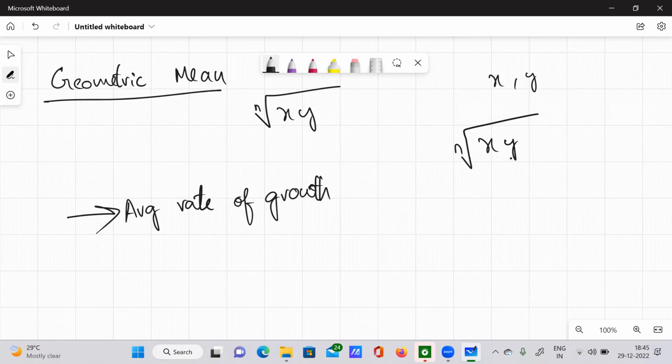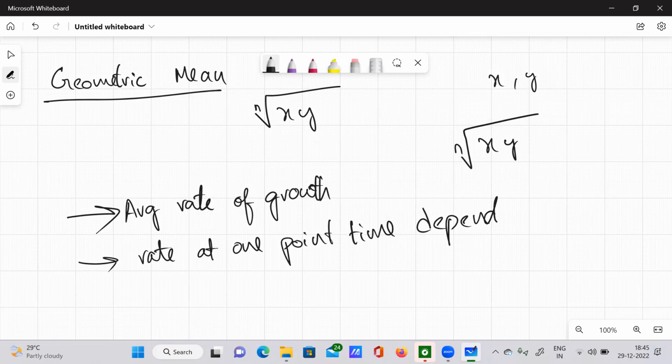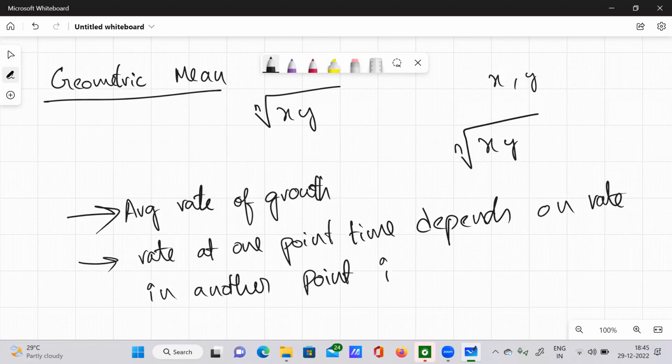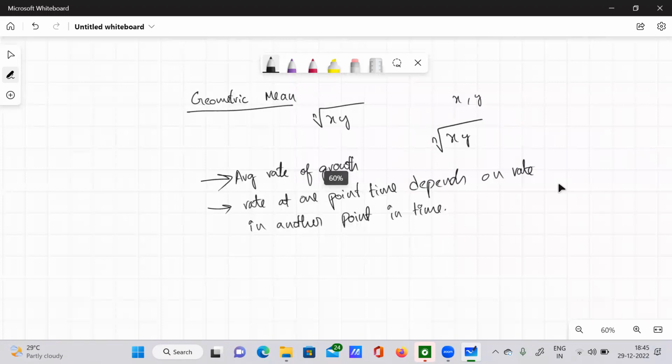And when the rate at one point in time depends on the rate at another point in time. So just don't worry about this topic. I'll explain with the help of an example so that you can understand it better.